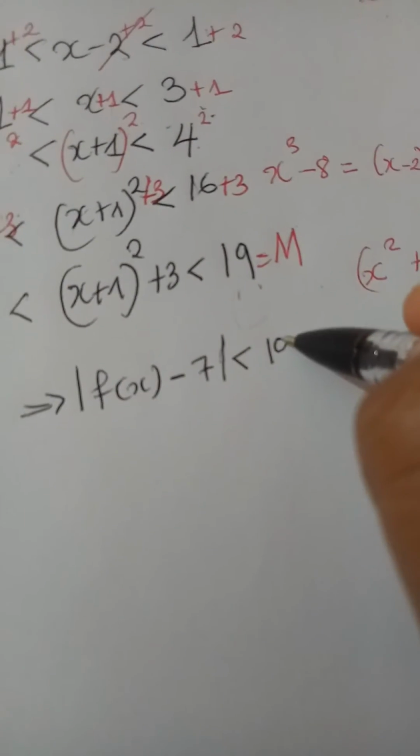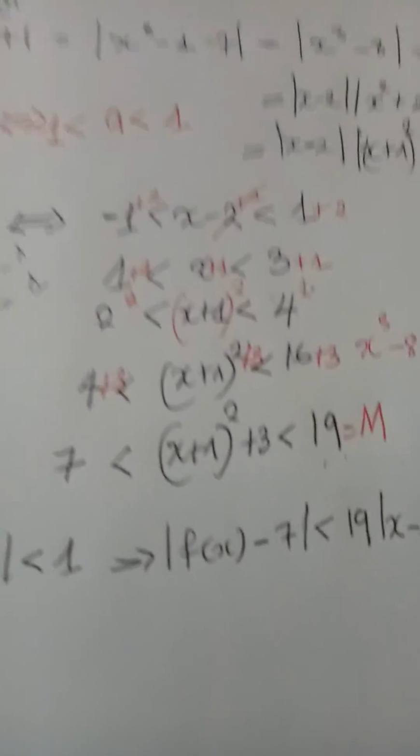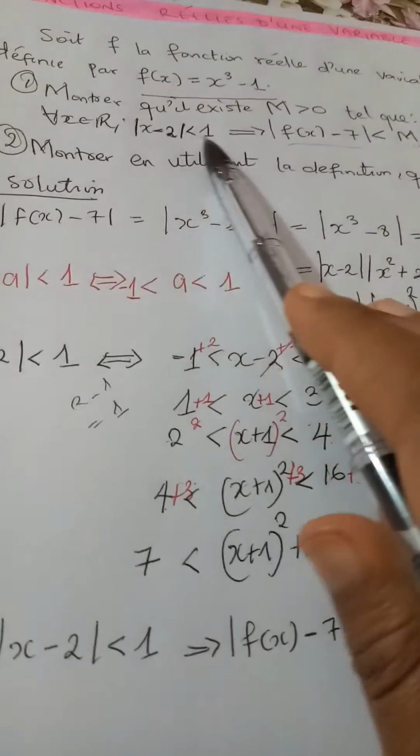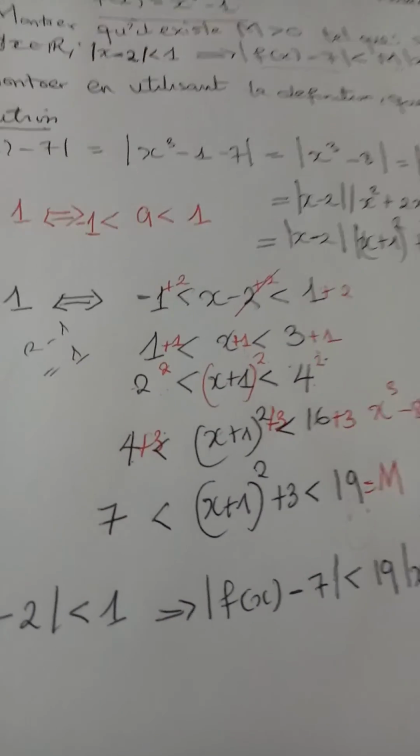So 19 times |x − 2|. That is the first part, which says montrer qu'il existe m plus grand que 0 tel que ça. That's what we are asked to prove, which we've already done.